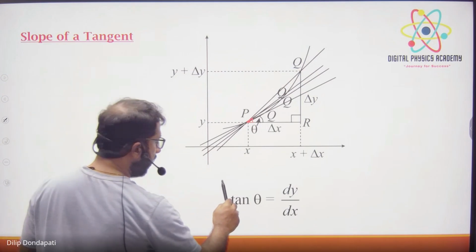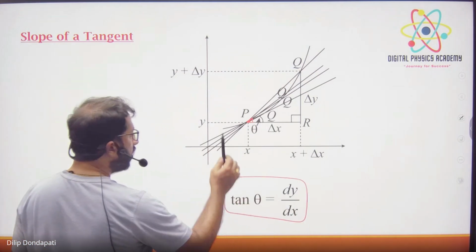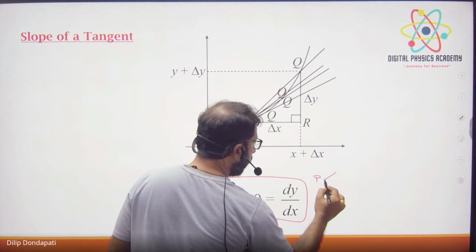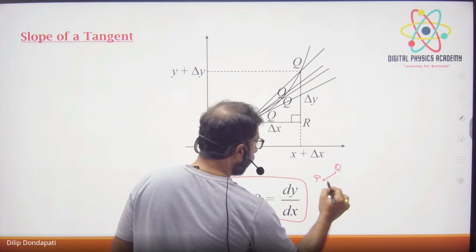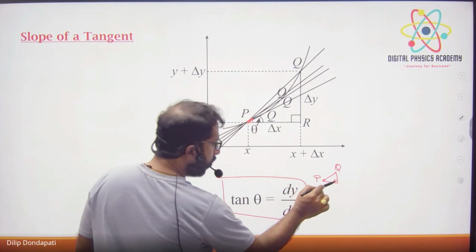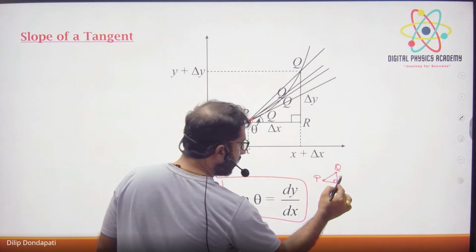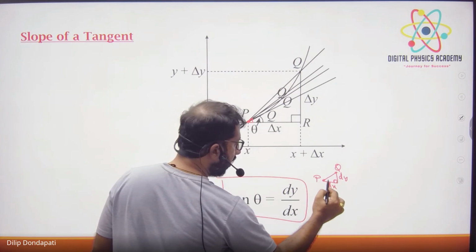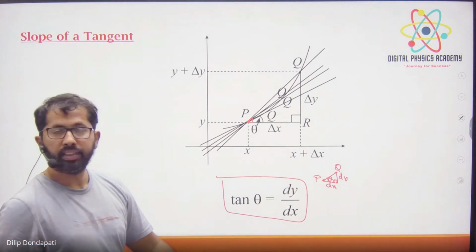Tan theta is nothing but dy by dx. Because suppose I take this triangle outside. This is P, this is Q, this is a right triangle, right? And I told you a small change in y we call dy, and a small change in x is dx, and this is theta, right? And this is the tangent slope.